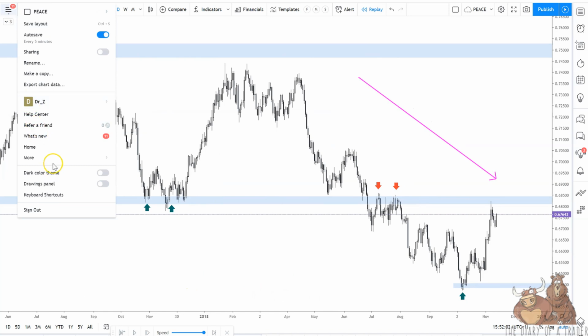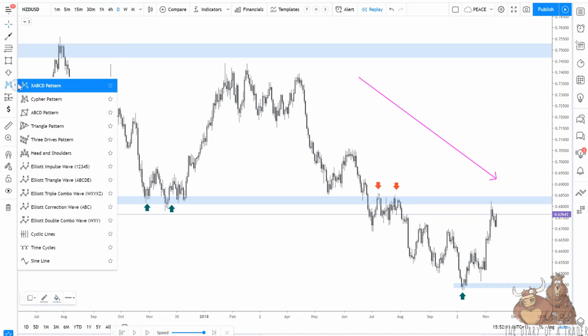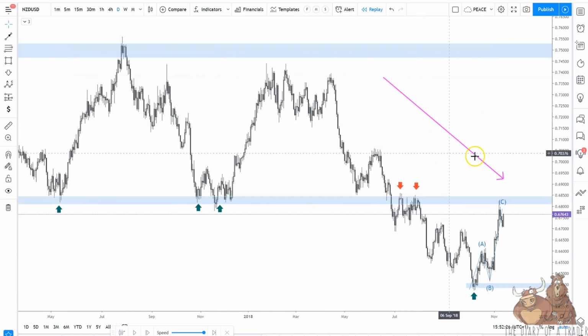Perhaps you have, let's say, an Elliott wave, or some people draw other patterns, whatever your pattern is, perhaps a correction wave, whatever your strategy tells you, whatever's in your checklist. And now you've identified that we are interested in this area here.